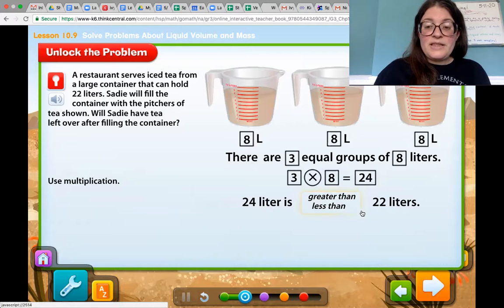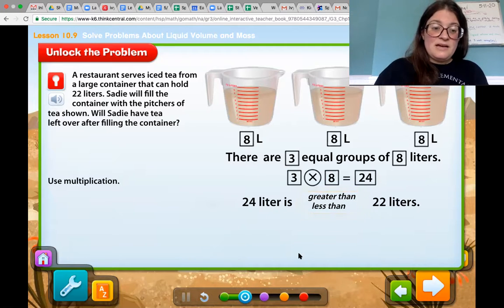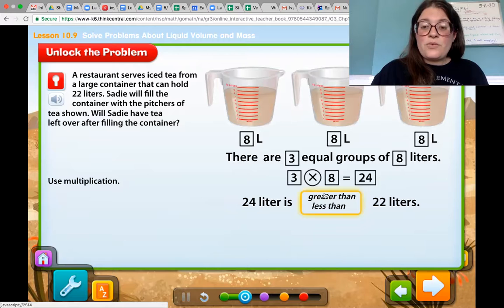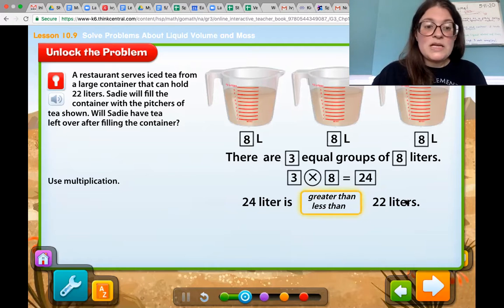Now, if I'm comparing these two numbers, remember our alligator chompy, you can draw that little line. It's like a sideways triangle. And the alligator is always trying to chomp the bigger number. So I would have to say that 24 liters is greater than 22 liters because it is bigger. I'd be drawing my chompy like that. And let's see if I'm right.